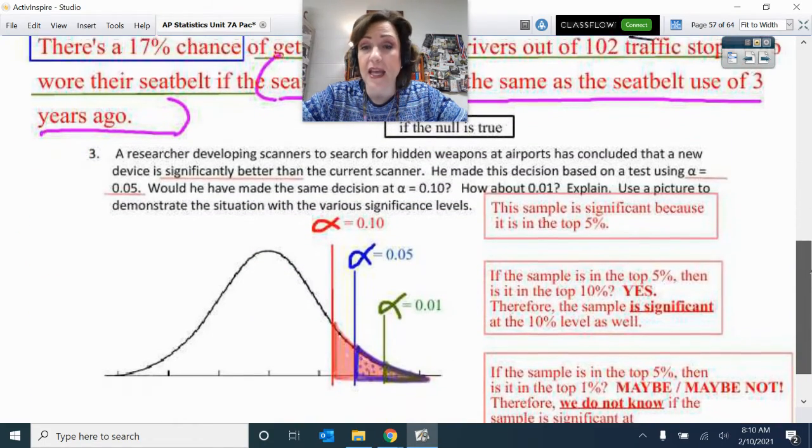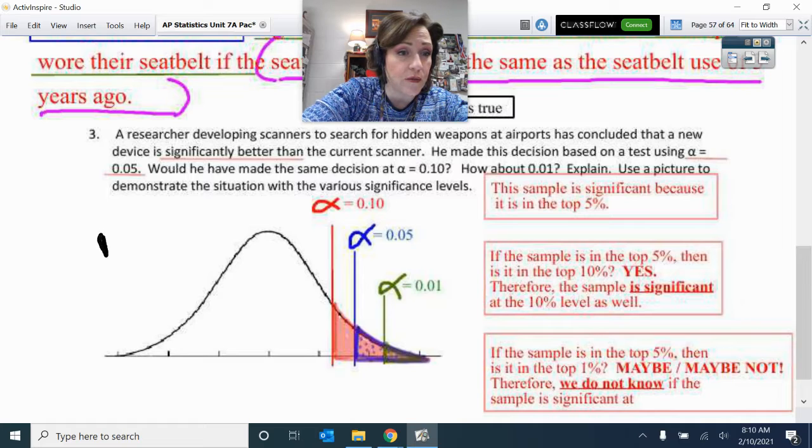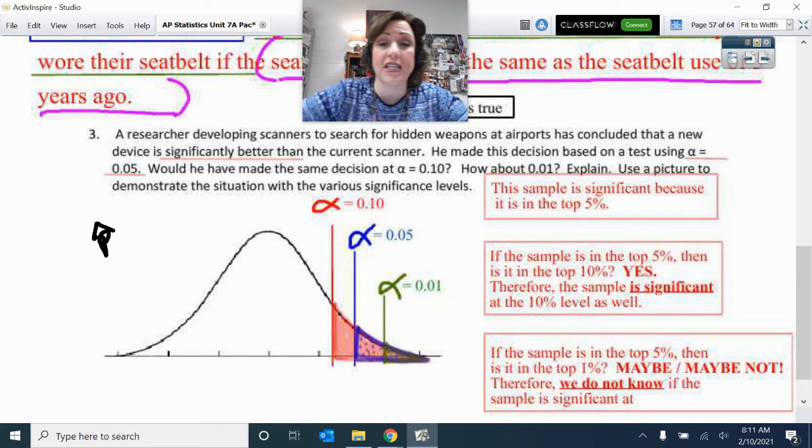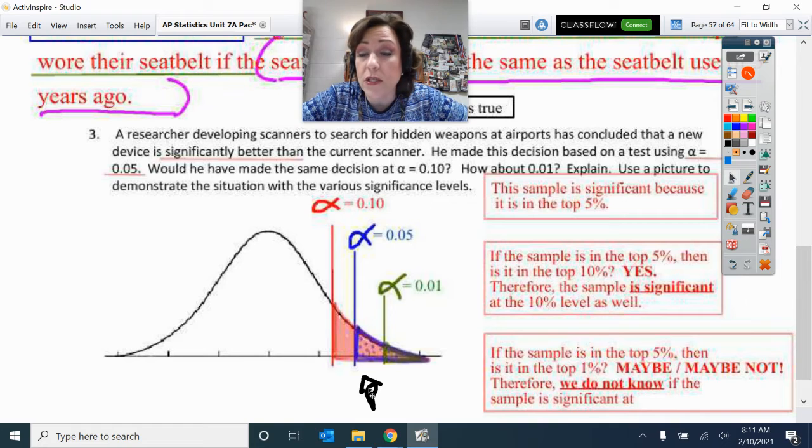Now this one is talking about being significant. If we're talking about being significant, then we're addressing where our sample is located. So let me demonstrate this little sample. Here's my sample. Let's talk about where it's placed. We are told that he made this decision of a significantly better result at an alpha of 0.05.